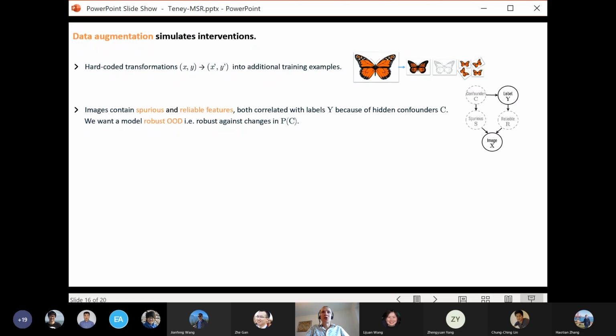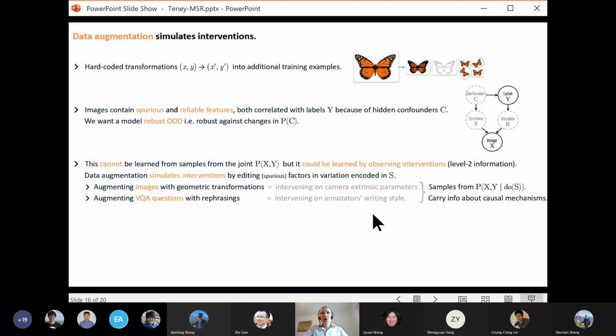And we also don't know specifically which parts of the image correspond to spurious features and which ones correspond to reliable features. And we want a model that generalizes out of distribution. That means a model that uses only the reliable features such that it is robust against changes in the confounder.